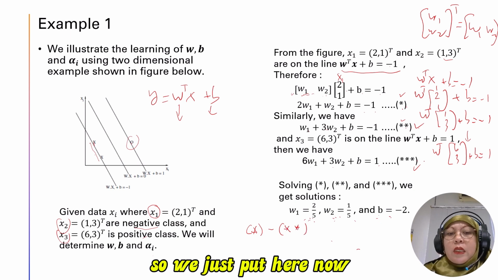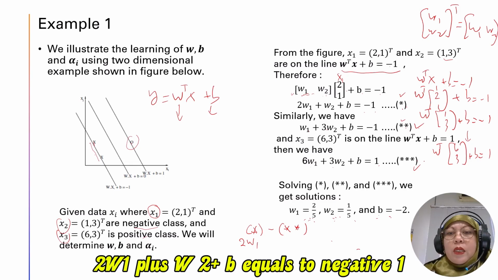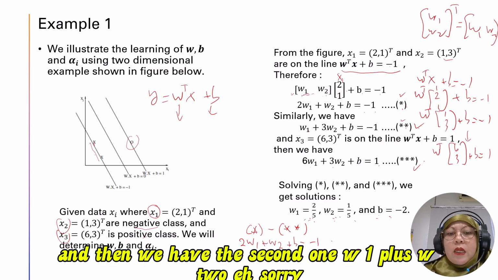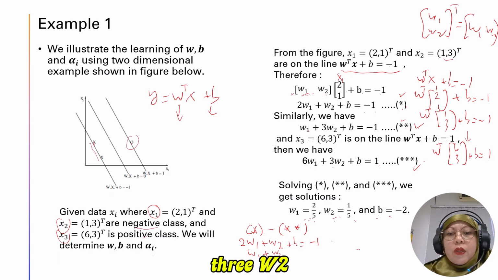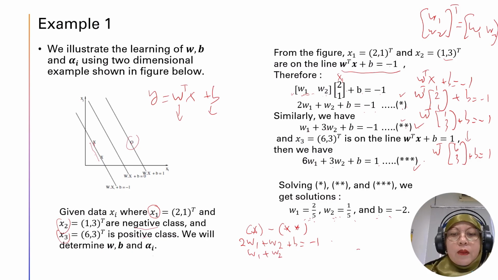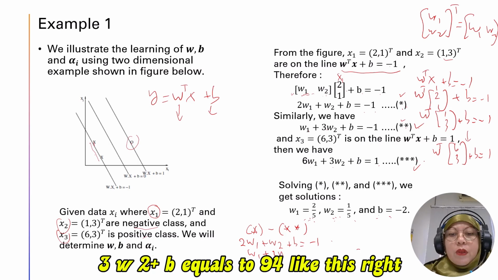So we put here 2W1 plus W2 plus B equals -1, and then the second one, W1 plus 3W2 plus B equals -1.